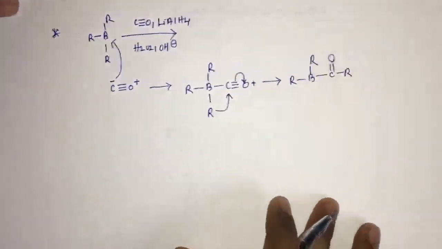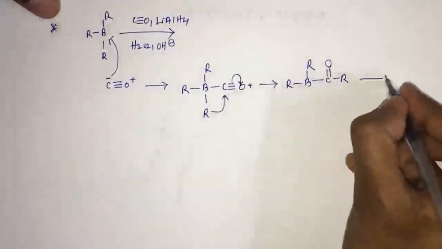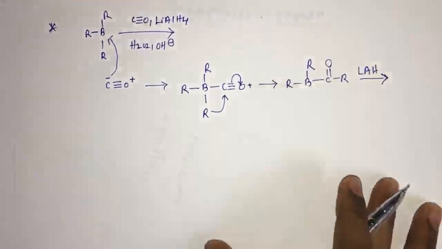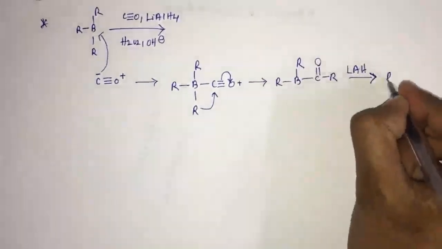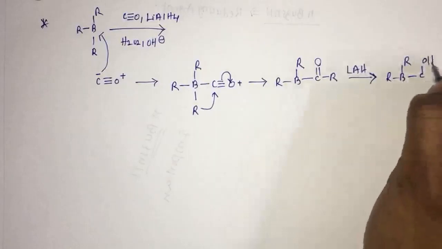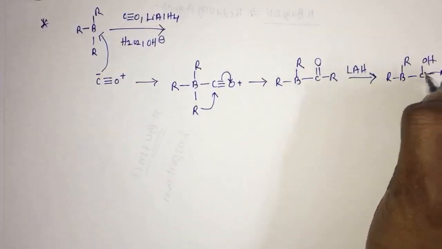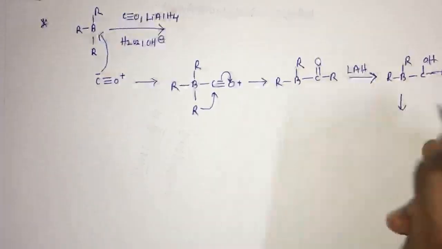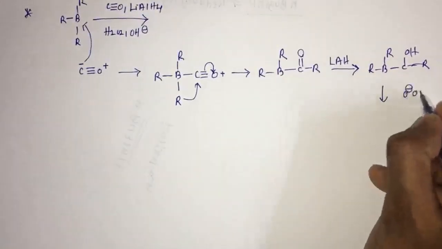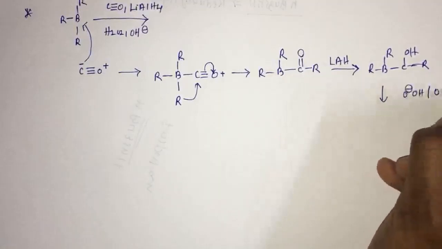So in the next step we have lithium aluminum hydride. So this lithium aluminum hydride reduces this CO, R, B, R, COH and R. Okay, next step we have H2O2 in the presence of base.